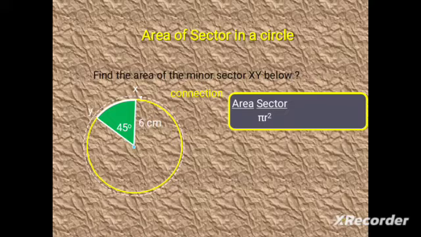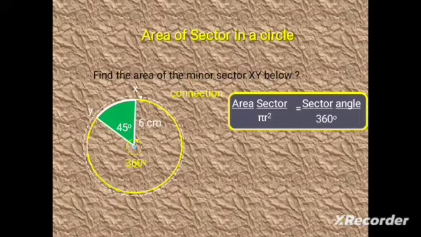So we have the area of a sector over the area of a circle, that is pi r squared, equal to the angle of that sector over the total angle in this circle, that is 360 degrees.